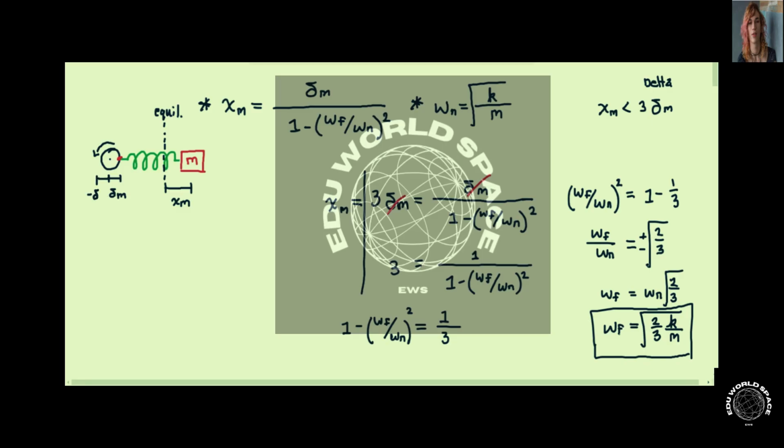So this would be negative delta m, since it's rotating. So it's not only that xm exceeds 3 times delta m, it's also going to exceed 3 times delta m negative.